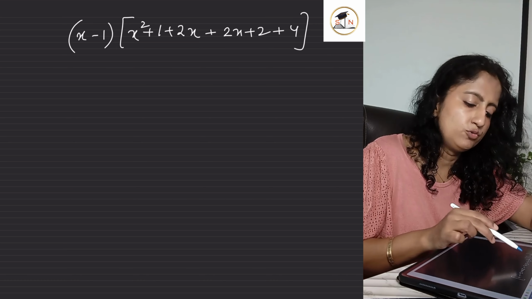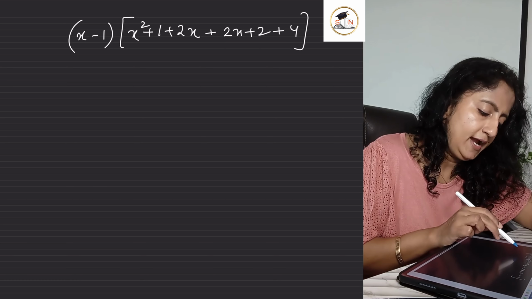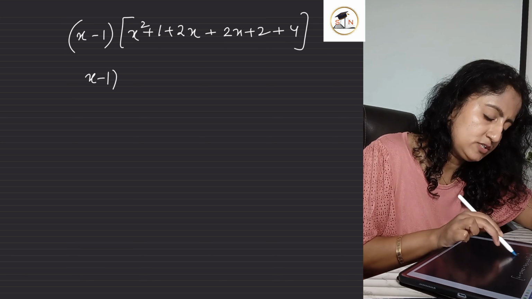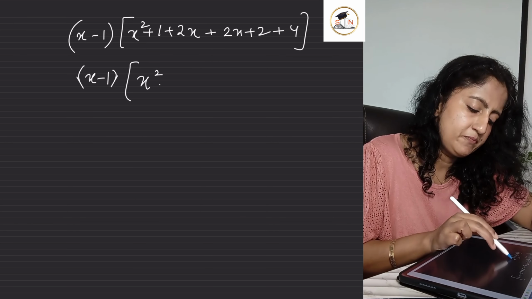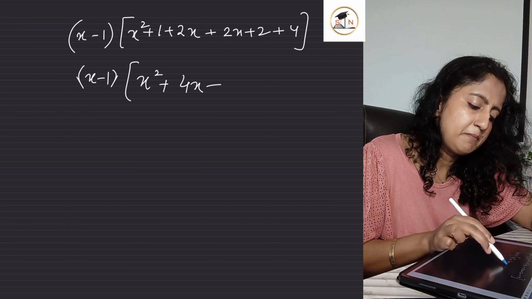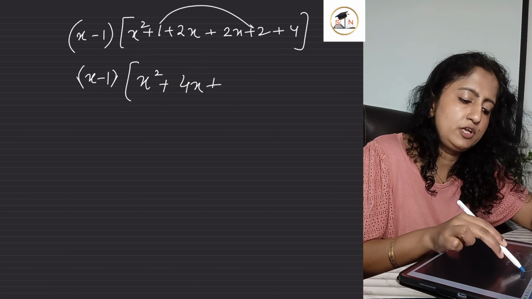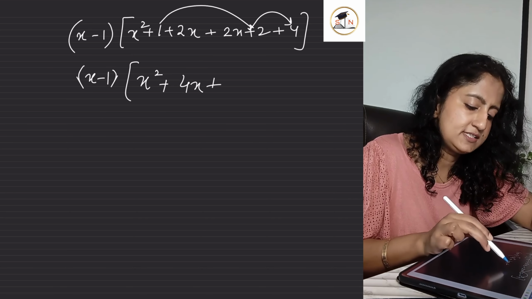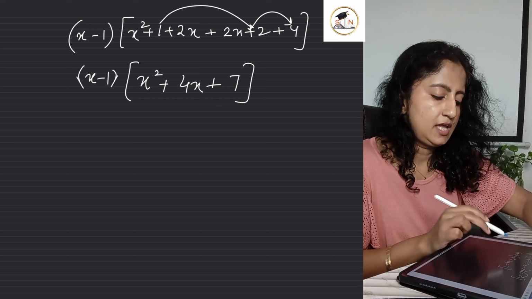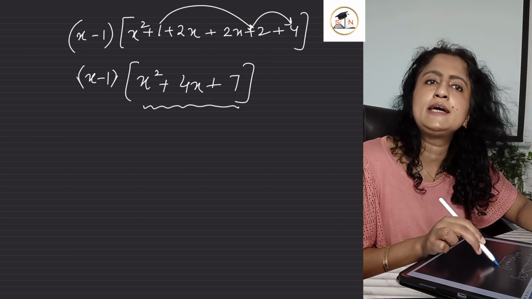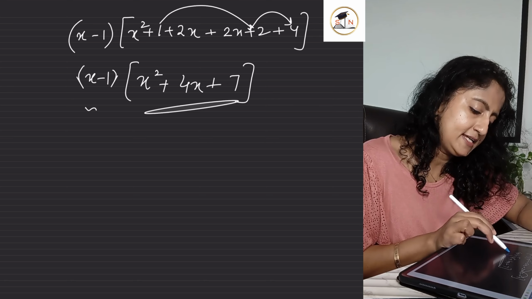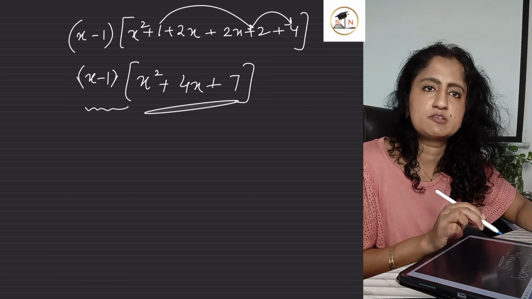So we are just going to simplify and we get x minus 1 as the first bracket. And the second bracket is x squared plus 4x plus 1 plus 2, 3, and 3 plus 4, 7. So this is what you have got, x squared plus 4x plus 7 as your second bracket and x minus 1 as your first bracket.